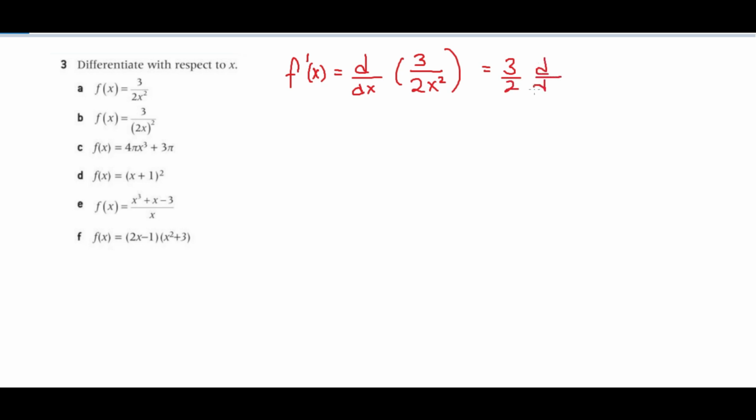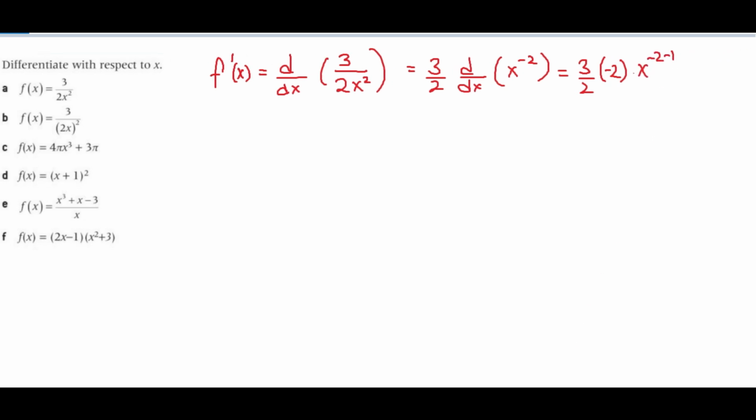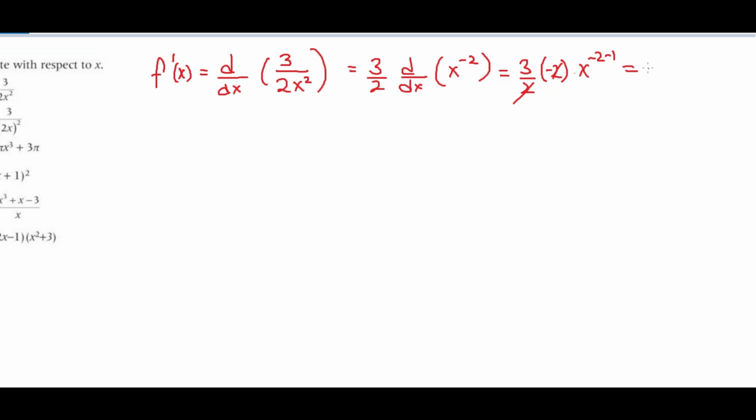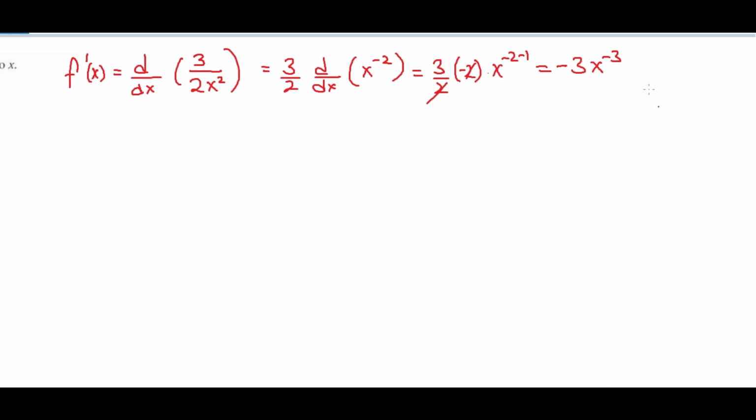X square in the denominator can be written with a negative power. So 3 by 2, n is negative 2, x to the power negative 2 minus 1. This 2 gets cancelled. This is negative 3 x to the power negative 3, or you can bring it down: negative 3 by x cube. That's the answer. I just flipped it down to make the power positive.